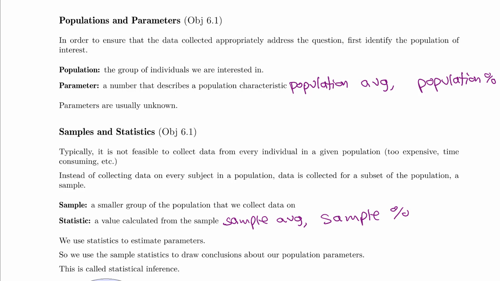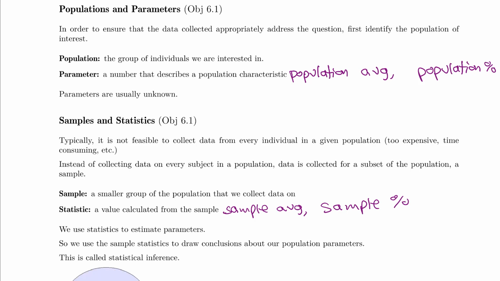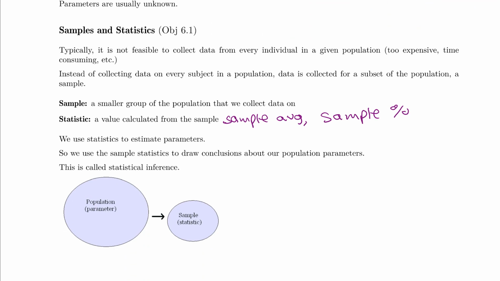Then we use our statistics, the numbers from our sample, to estimate the parameters. The parameters are our numbers for our population. So we're using our sample statistics to draw conclusions, or to infer, about our population parameters. This is called statistical inference because we're inferring. We're using something to find something else.